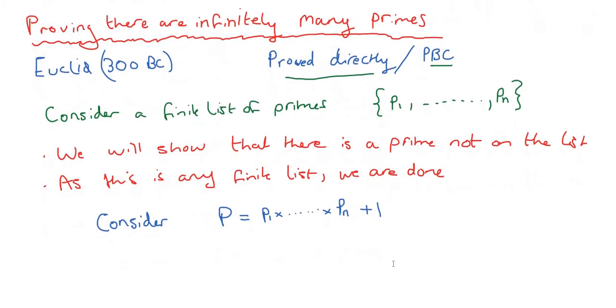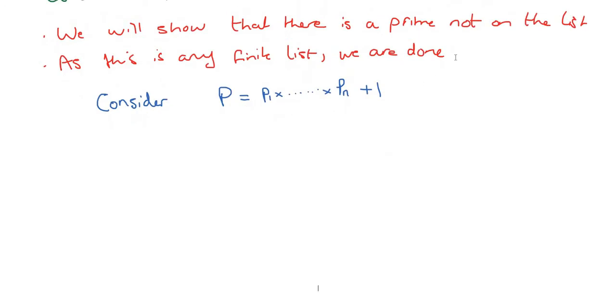Now let's have a look at this number. Okay, so what can we see about this number straight away? Well, firstly, it's bigger than any prime. So P is bigger than Pi for any i. That's all this means. So this P is bigger than any of the primes in our list.